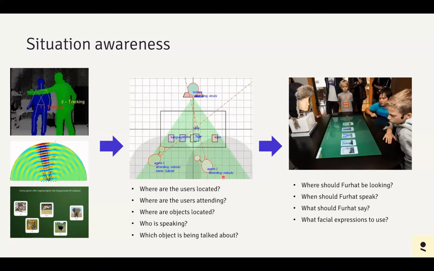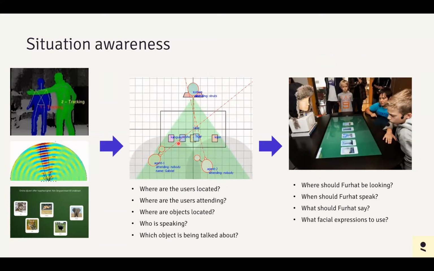So this is a 3D reconstruction scene from above of the interaction, what the interaction looks like. And we have the two users here interacting, playing this card game that you can see over here. And you have the table here with objects on the table, and you have the robot here, and we can estimate where these users are looking also, which helps us to understand, for example, turn taking.